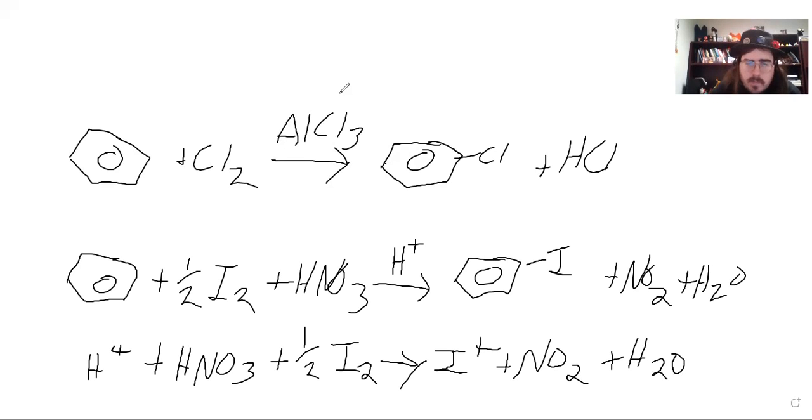So essentially the nitric acid is going to gain an electron from iodine. It's going to oxidize iodine to form that. And so HNO3 goes to NO2. So nitrogen goes from 5 plus to 4 plus, while iodine goes from 0 to 1 plus.